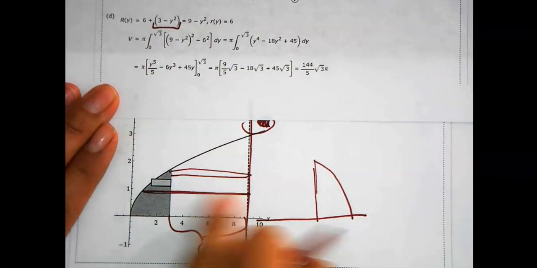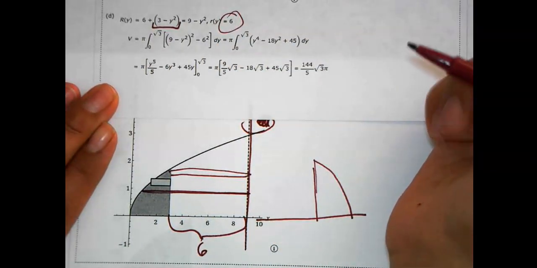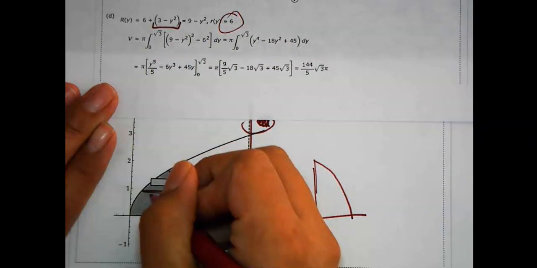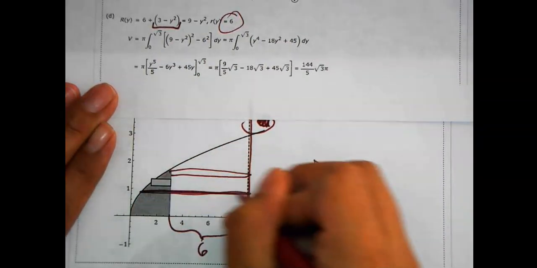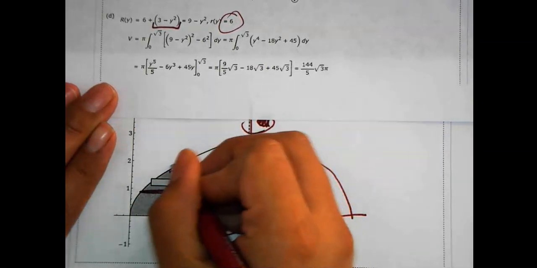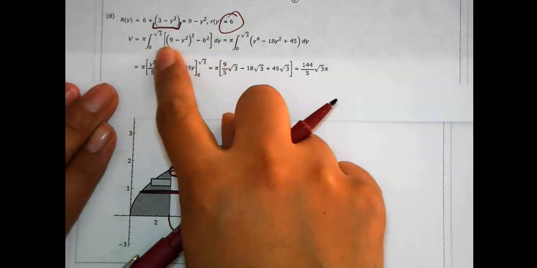This is the hole that we need to get rid of. That is just 6. So this is the first radius minus the radius of the hole. That's where that comes from.